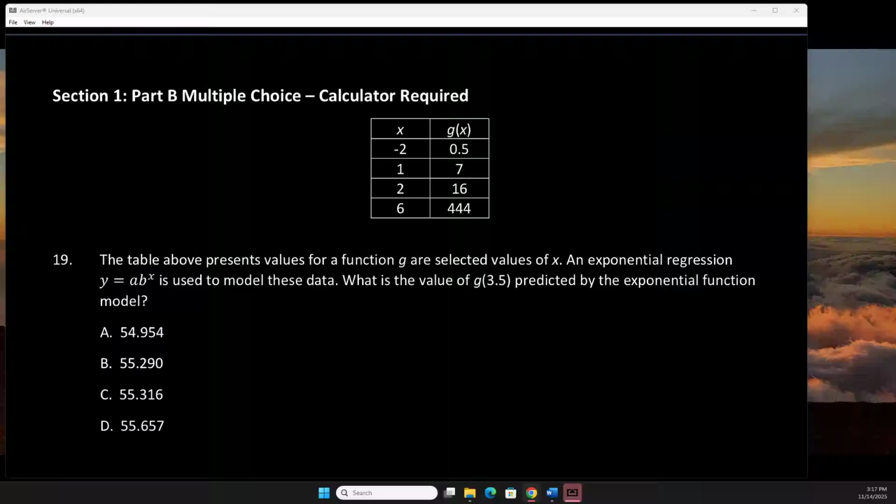Okay, and then this one starts the calculator part, so let me pull up a calculator real quick. All right, so the table above presents values for a function g. An exponential regression AB is used to model this data, and then we want to find g of 3.5.